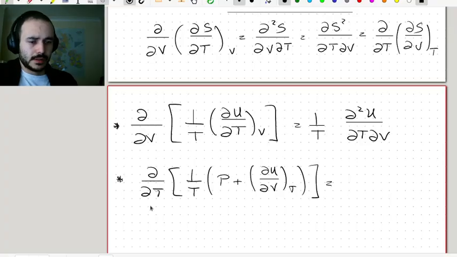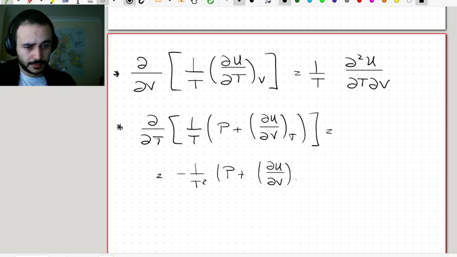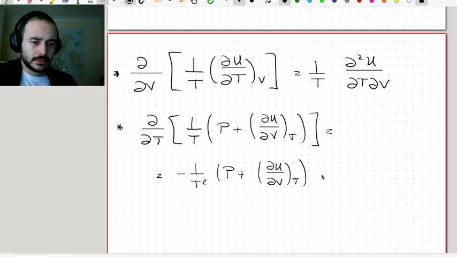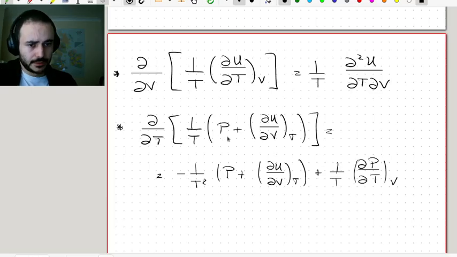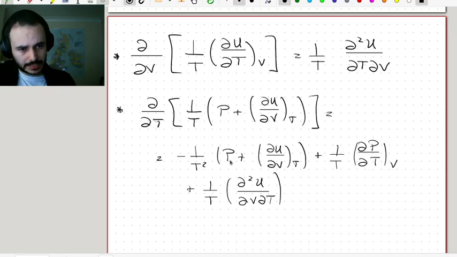This derivative we actually have to do properly. The first term would be 1 over T squared multiplied by P plus the partial derivative of U with respect to V at constant T. Then the second term, the partial derivative of P with respect to T at constant volume, and the final term is 1 over T times the second derivative of U with respect to V and T. We have to set this first line equal to this other thing.